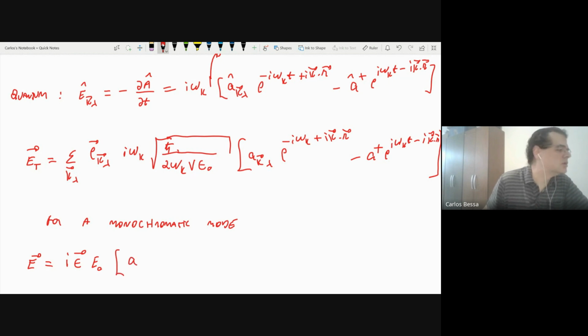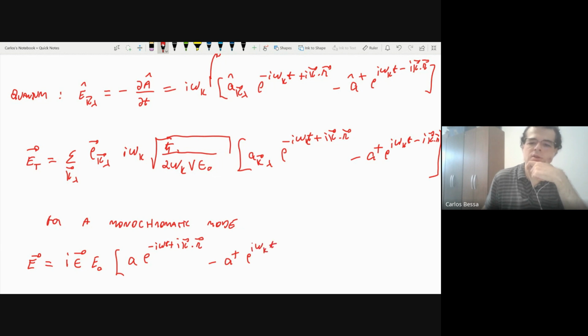We will identify the terms. So I have only one mode, so I don't need to write in terms of k. So a exponential minus i omega t plus i k scalar r minus i delta.